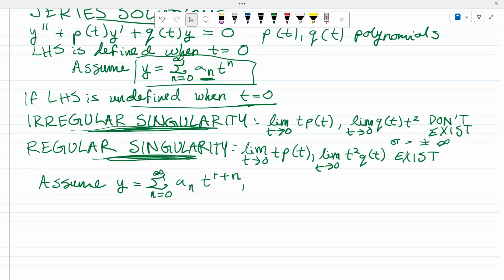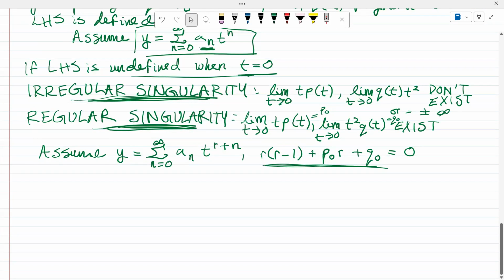So we solve r times r minus 1 plus p naught times r plus q naught is equal to 0. Sorry, p naught is not p evaluated at 0. It's this limit here. P naught and Q naught here. Once we solve this right over here, then we're able to actually compute our series solutions.